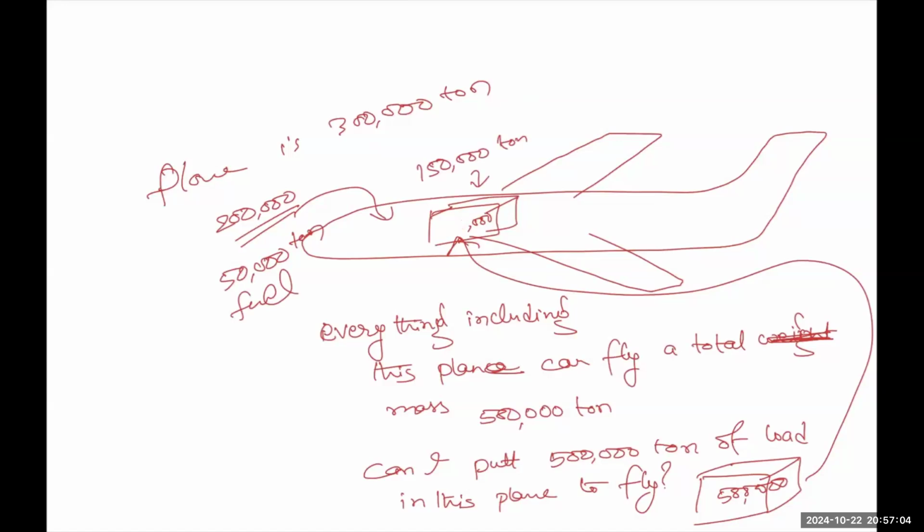Now this plane is flying in the air, mid-air, with some velocity. Will this 50,000 ton of fuel always remain 50,000 ton in the air? No, it's constantly being depleted. So what is happening to the mass? It's changing, it's getting lighter.